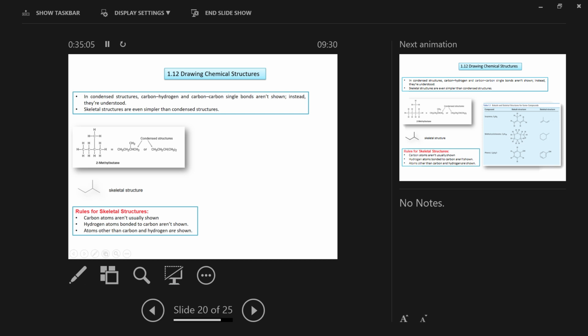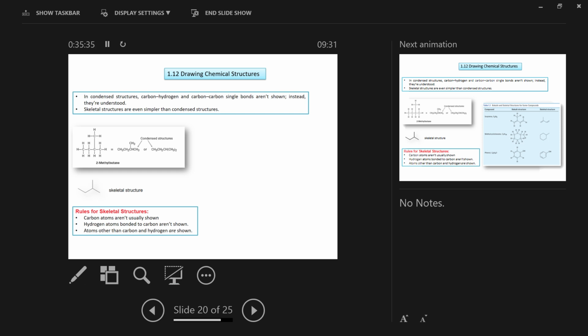When we draw this structure, we know that in each vertex we have to add as many hydrogens as needed to make the octet rule possible. That means, for example, in the first vertex of the skeletal structure here, we can have 3 hydrogens, in the second 2 hydrogens, in the third 1 hydrogen.